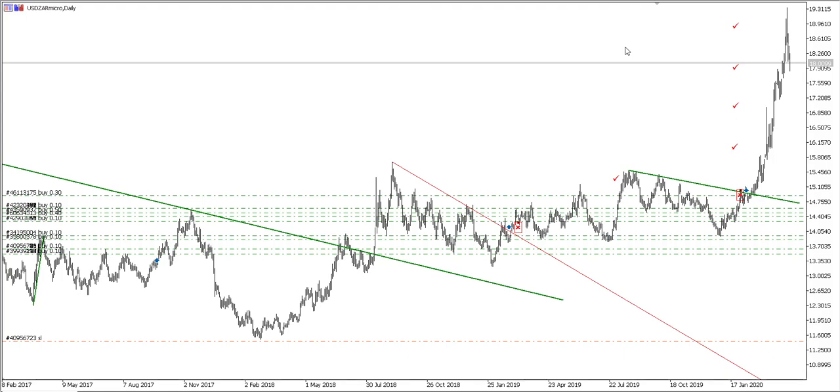So if you have a calculator, you don't even need a calculator. Let's say we risked $100. We're playing small leagues here, not major leagues. Let's say our initial stop loss was $100 lost.